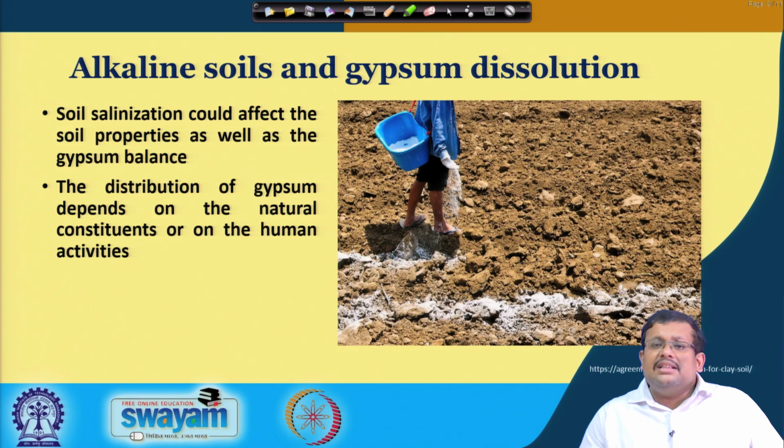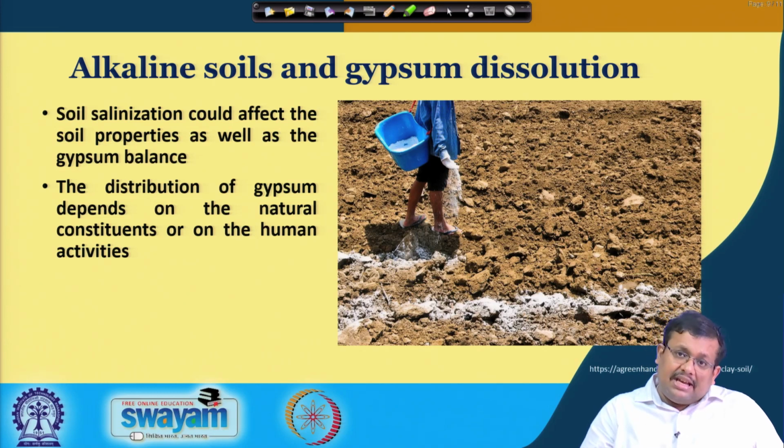So, these alkaline soils need to be reclaimed. For the reclamation of these alkaline soils, farmers generally use gypsum, which is calcium sulphate dihydrate, since salinization or alkalinization could affect the soil properties as well as the gypsum balance. The distribution of gypsum depends on the natural constituents or on human activities.